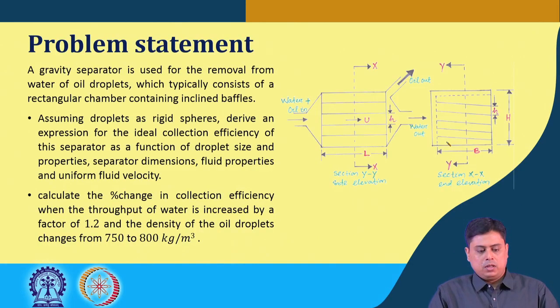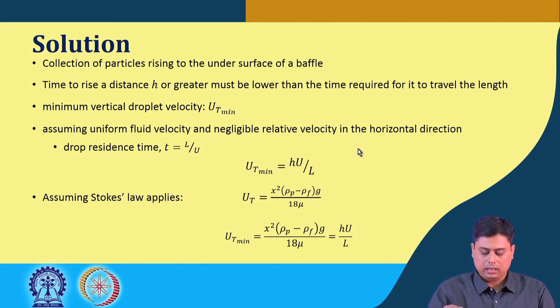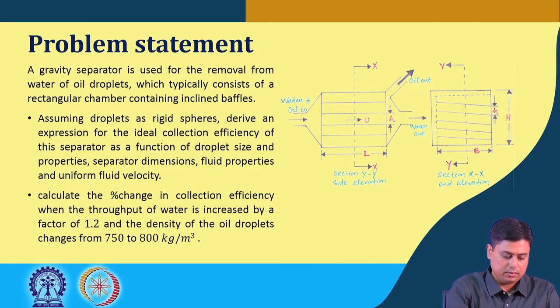To start with, this is a problem that we will solve today, where it is mentioned that there is a gravity separator. It is used for removal of water and oil droplets and typically consists of a rectangular chamber, as you can see, and inside that there are some baffles.